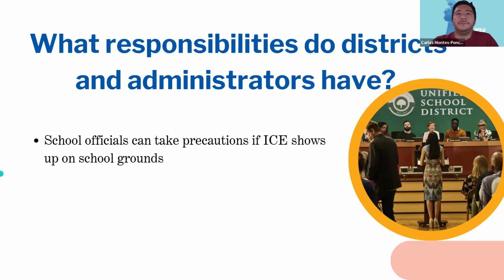So another important point that we've been mentioning is that school administrators can limit the data they collect on students. I mentioned earlier what information students do not have to share with the administration.